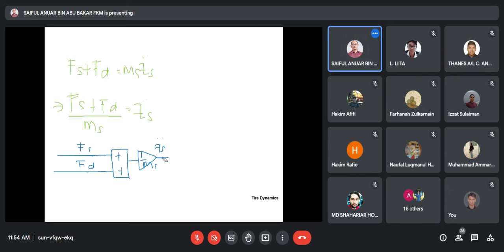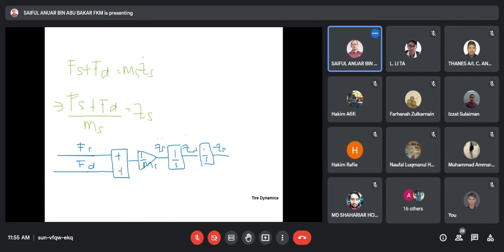So in Simulink, we can convert this Zs double dot into the velocity by having an integrator. Like in calculus, but in Simulink, the block we use is known as 1 over S. We do a single integrator to get Z dot, and then we do another integrator and we're going to get Zs.